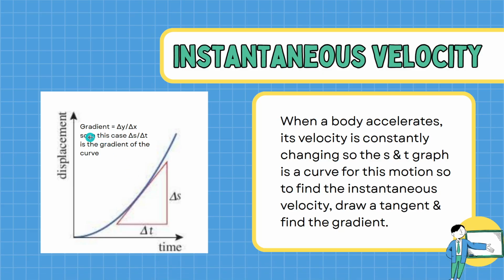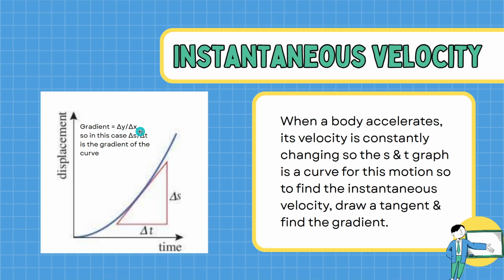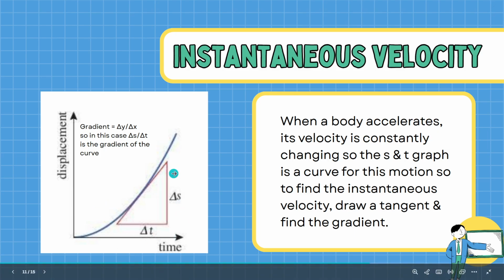We make a tangent to this line, like you can see in the triangle here, and then calculate the gradient of this tangent. So y2 minus y1 over x2 minus x1, as I talked about before, delta y over delta x. Here it would be delta s, the change in displacement, over delta t, the change in time. That's how you can get instantaneous velocity.